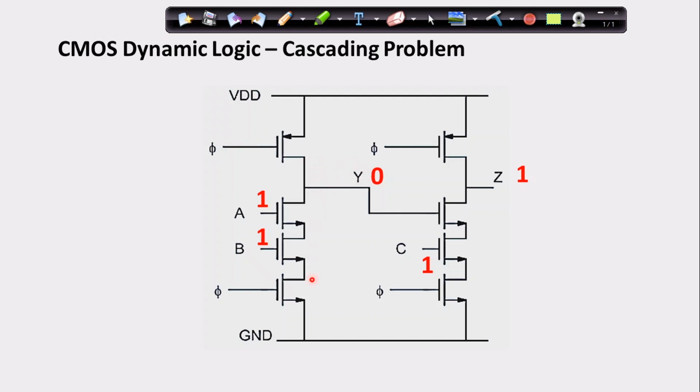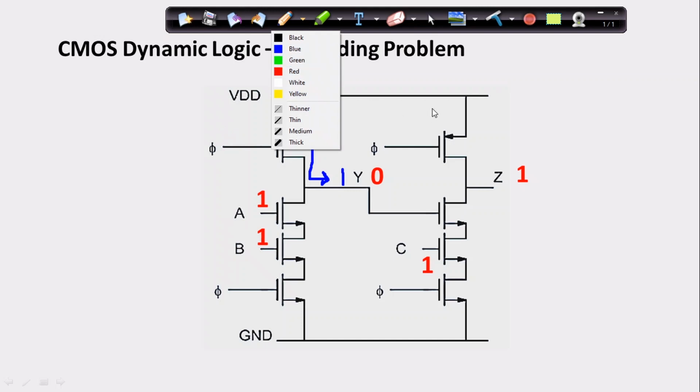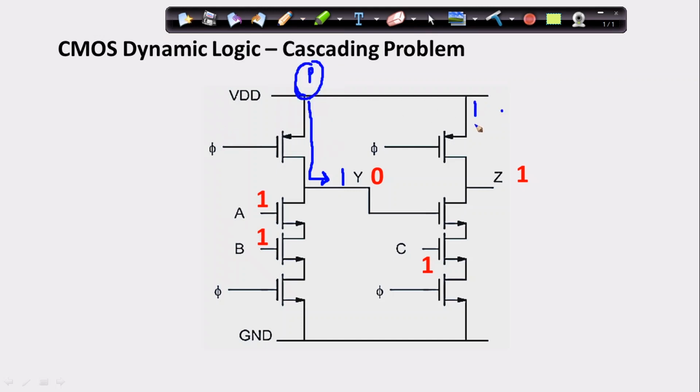And since at the evaluation phase these particular transistors have been turned on, I'll be getting... let me draw these particular things. In terms of blue, let me consider it as the pre-charge phase. In the pre-charge phase, this thing should be 1, and this was also pre-charged to logic 1.